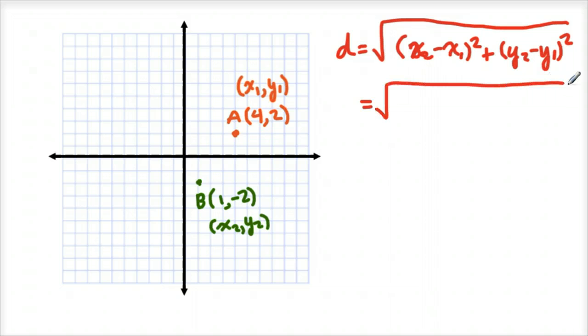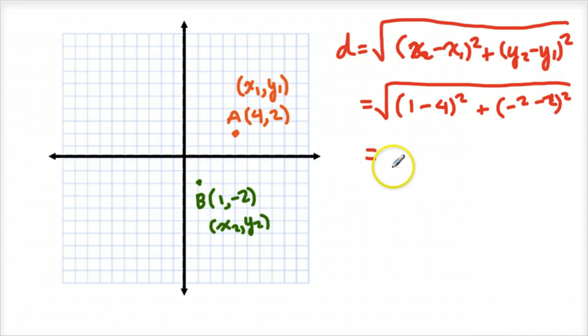So keep along your square root, and now we're plugging in our numbers. So x2 is 1 minus x sub 1, which is 4, quantity squared, plus y sub 2, which is negative 2, minus y sub 1, which is 2, quantity squared.